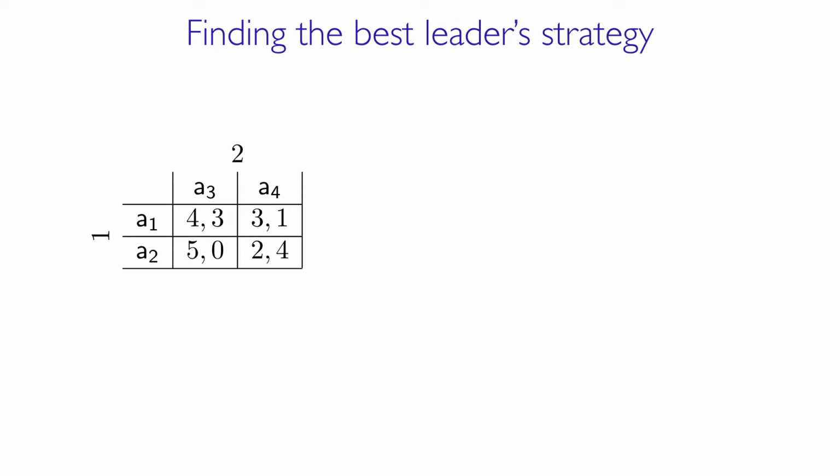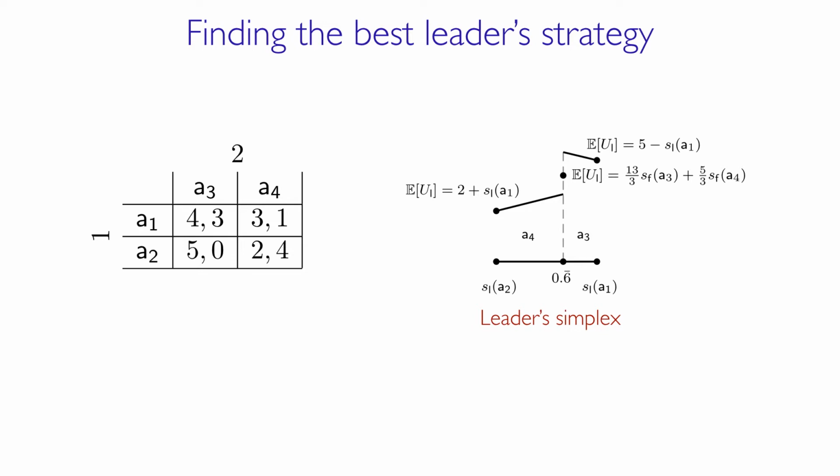We consider the same game as before. We need, as usual, to study the behavior of a player as the opponent changes her strategy. In particular, we need to study the behavior of the follower as the leader changes her strategy. So we need to focus on the simplex of the leader. The simplex of the leader is a line representing the probability with which action A1 is played.